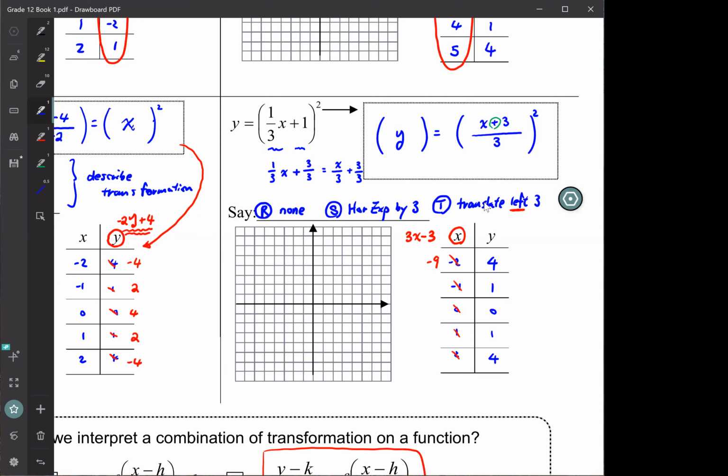Are you done the table or working on the graph? Table. You finished the table? No. Which number are you working on? 1. 1, okay. Can you tell me for -1, what do you get?